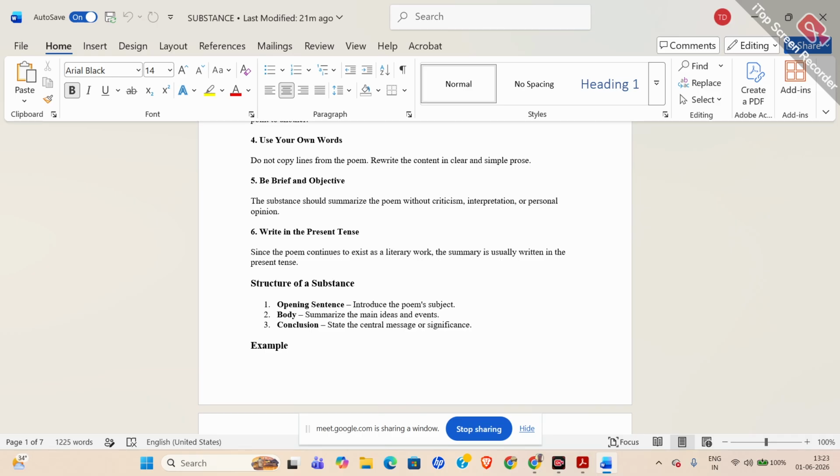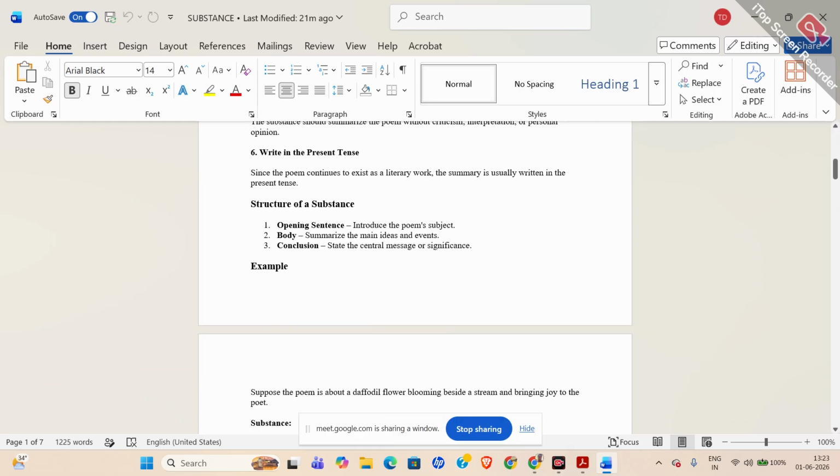So structure কি হবে, এইবারে আমরা স্ট্রাকচারটা সাজিয়ে নেব, দেখো। Number 1 is opening sentence. Introduce the poem's subject. So after reading the poem a few times, you have been able to understand the poem's subject. সাবজেক্টটা বুঝে গেছো, বিষয়টা কি নিয়ে বলতে চাইছে। Number 2, you have to be concerned with the body of the poem.